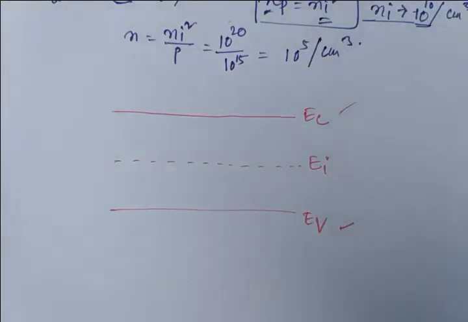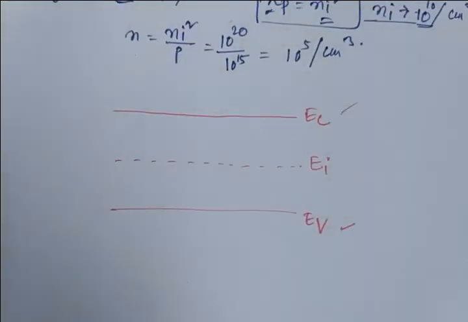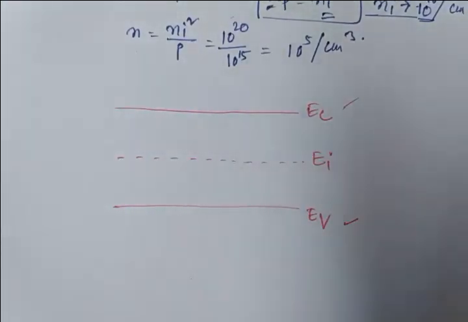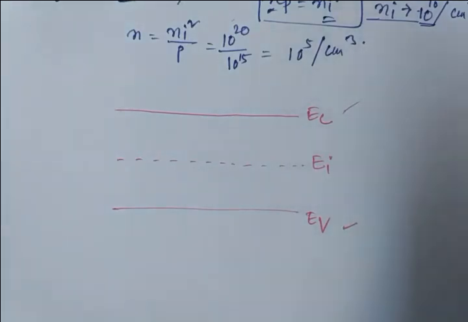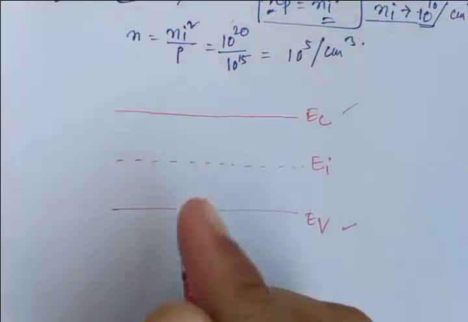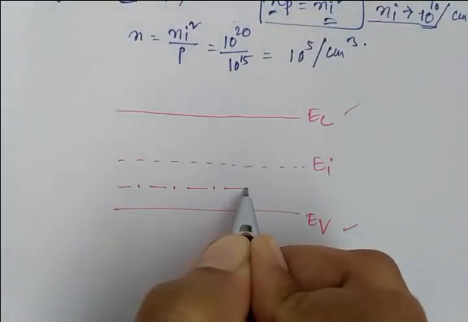And for a p-type doped semiconductor, this is a very important point to note. Whenever we draw the Fermi level, what will be the location? The Fermi level will be in the lower half of the band gap, located in this way.